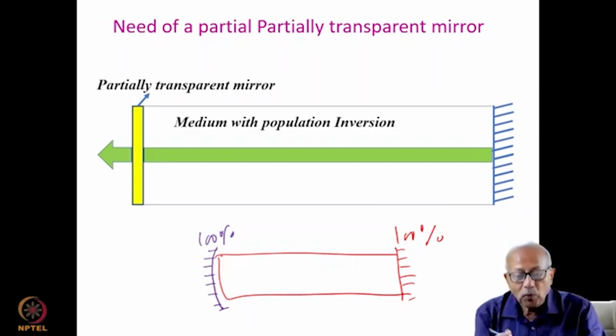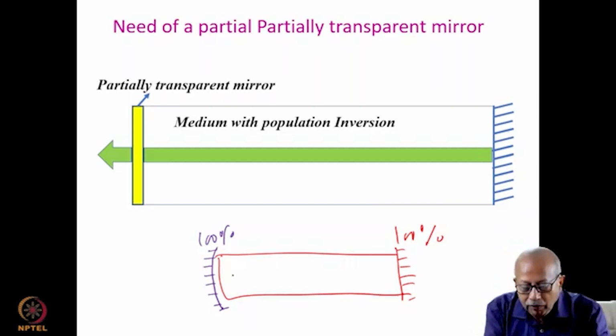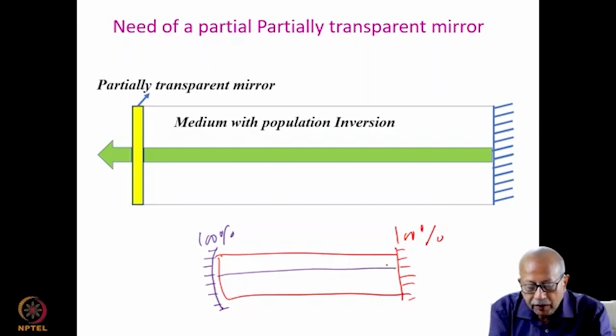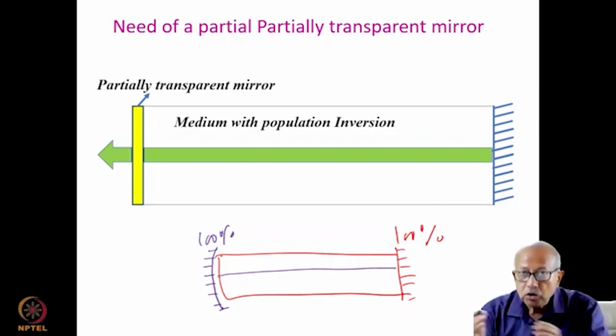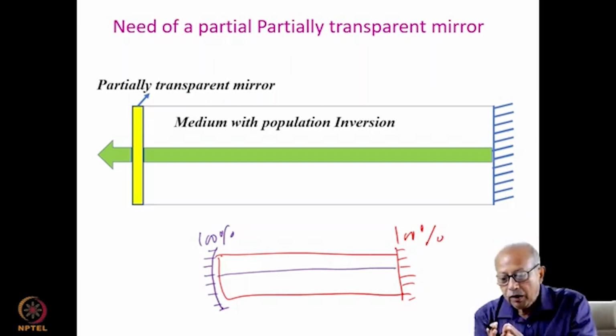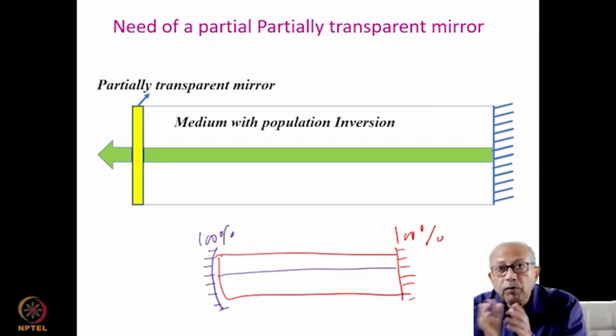But there must be a way to couple part of this light from inside the cavity out, which will of course form the laser output, the beam of light.